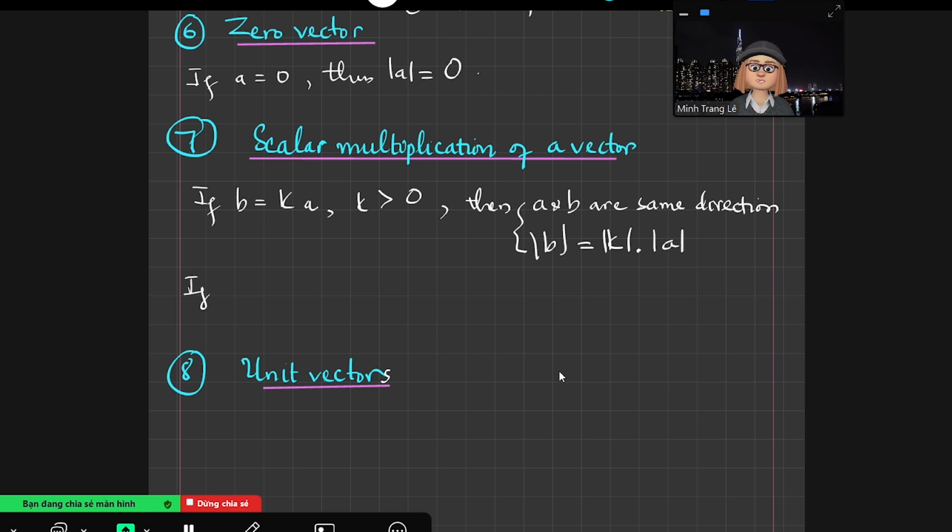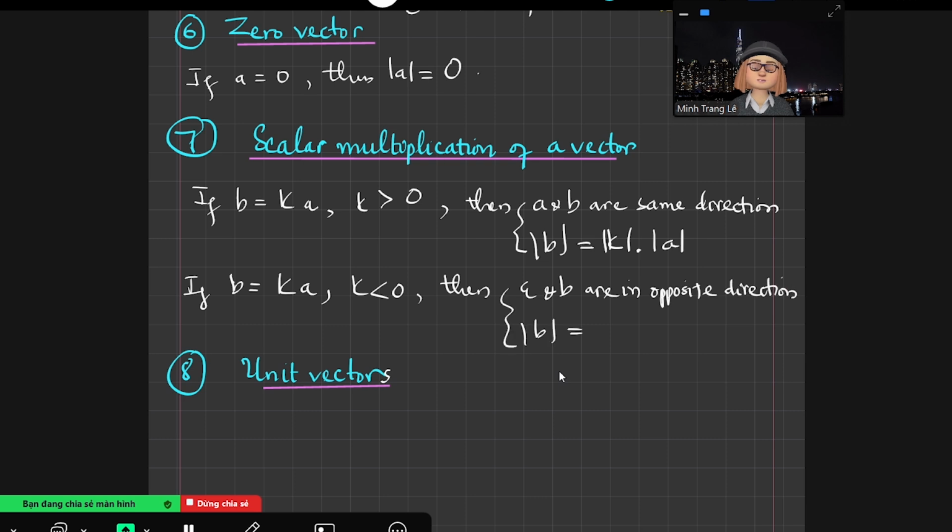But if b equals ka, where k is less than 0, then a and b are in opposite directions, and the magnitude of b equals the magnitude of k times the magnitude of a.